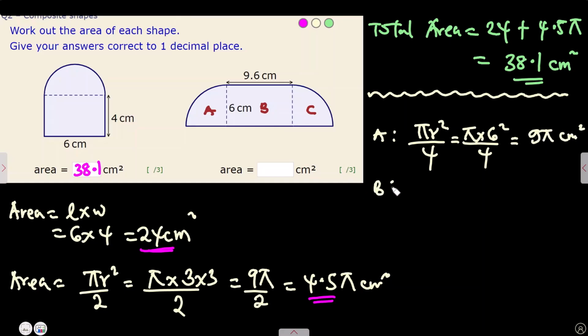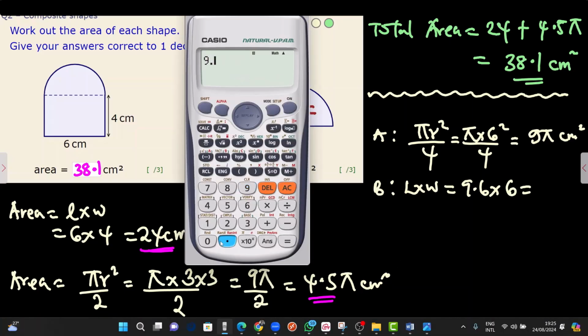And for B, for the area, again, this is length times width. The length is 9.6 times the width, which is 6. If you work this out, 9.6 times 6, you get 57.6.